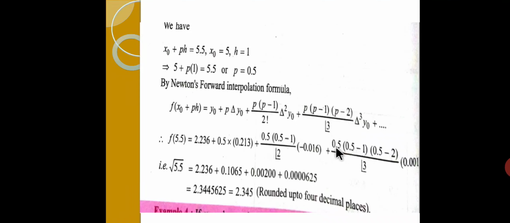We simplify this and get 2.3445625. Rounded to 3 decimals, we get 2.345. This is our required solution for the square root of 5.5.